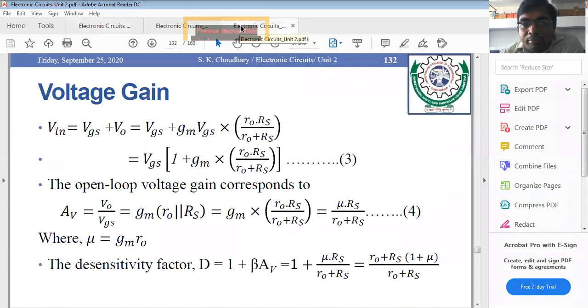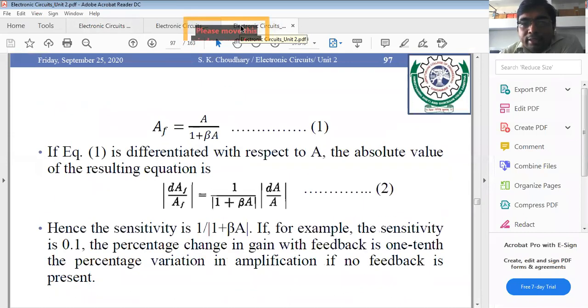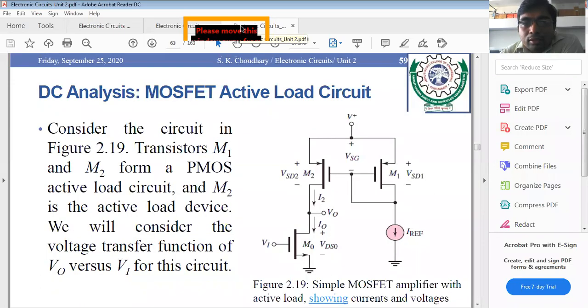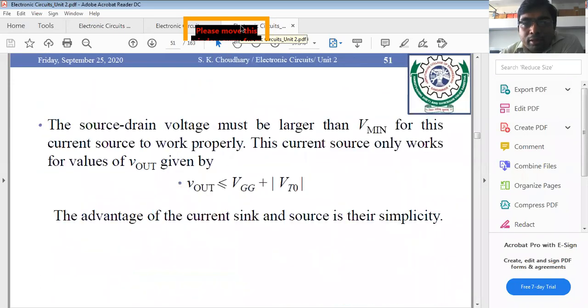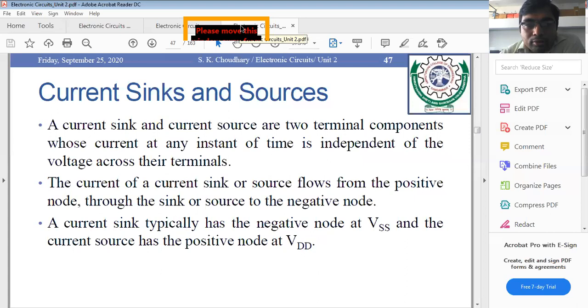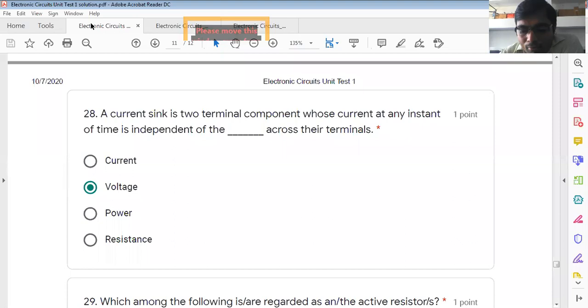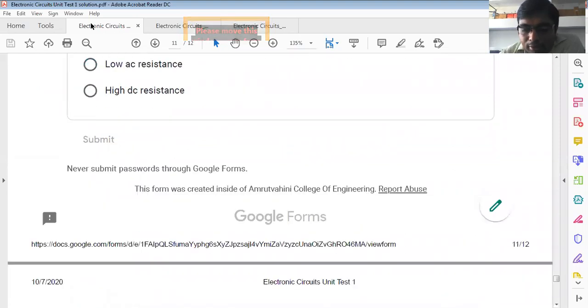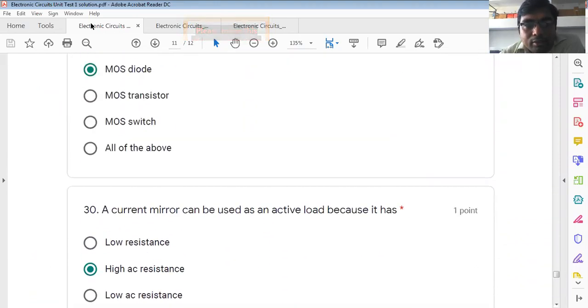If you remember the slide, current sink or source are two terminal components whose current at any instant of time is independent of the voltage across its terminal. So that we have already seen. It is a straightforward definition-wise question.